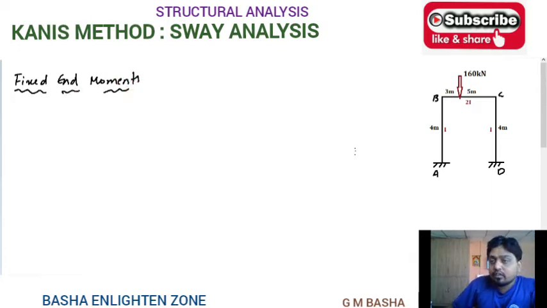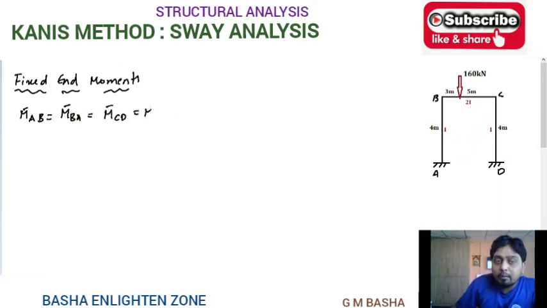So first find the fixed moments for AB and BA. There is no horizontal force acting on columns AB and CD. Therefore the fixed moments M bar AB, M bar BA, M bar CD, M bar DC will be equal to 0.